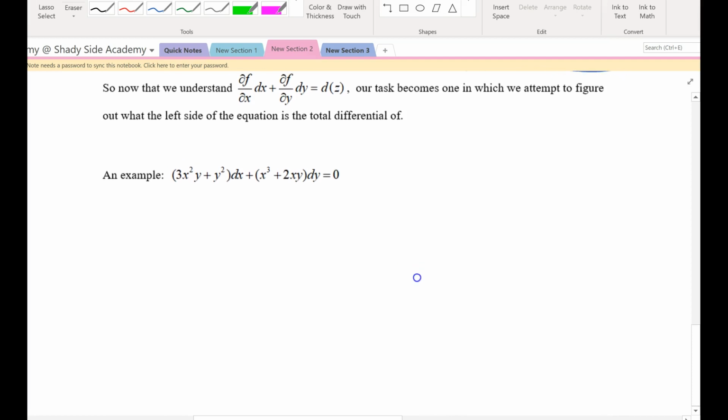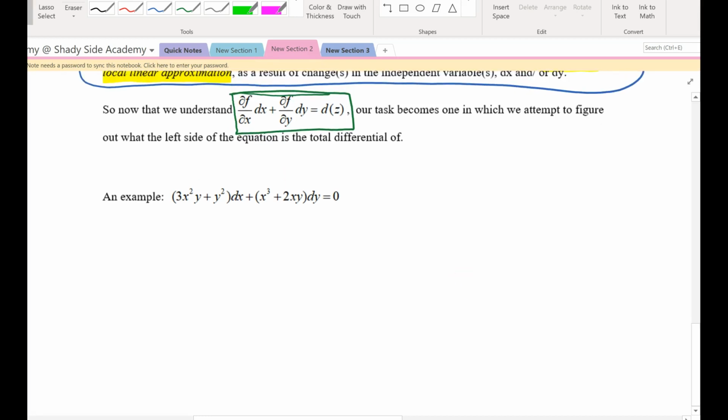So here is the thing. Once we know what this means, and that kind of detour into an explanation of an idea is really critical before we move onto the Diffie-Q stuff. Once we know what this is, here's an example of an equation in that form. Granted, notice here the total differential of z is set equal to 0, which we'll deal with in a second.